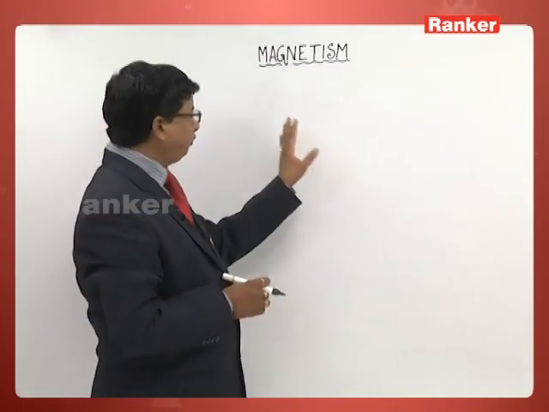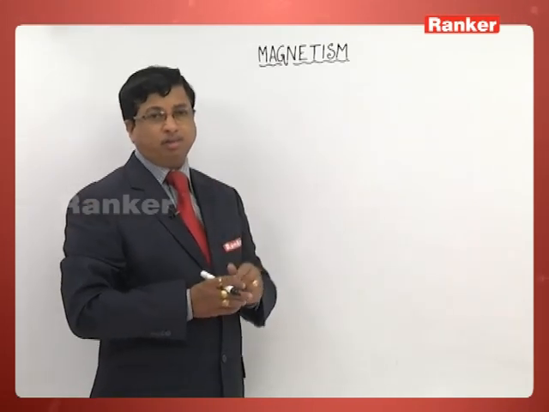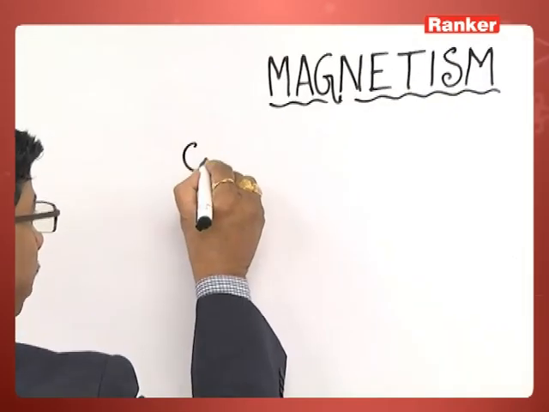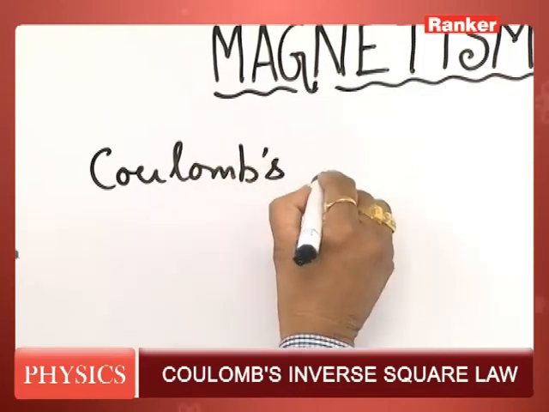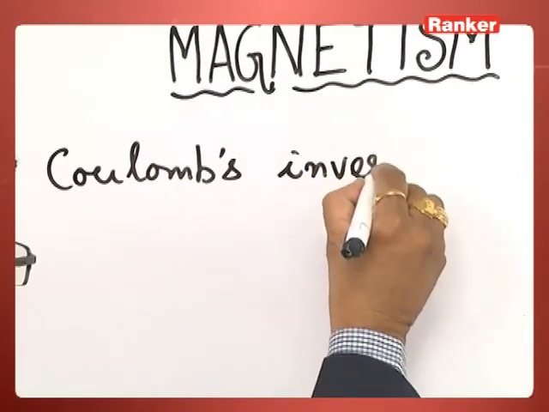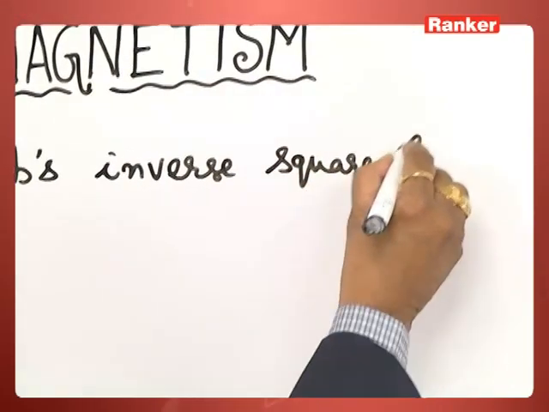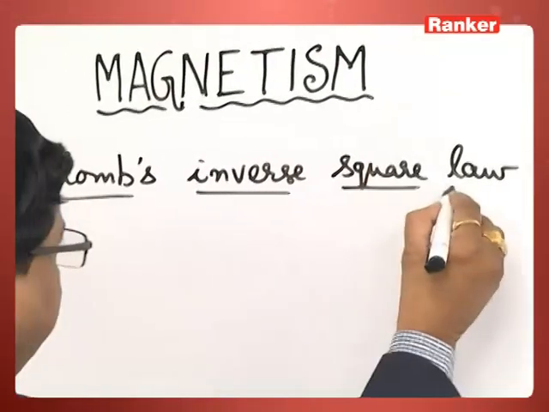What would be the force of repulsion and the force of attraction, and how do we calculate them? For that, we have Coulomb's law, which we call the inverse square law.